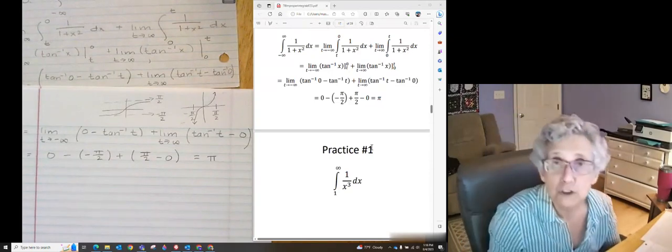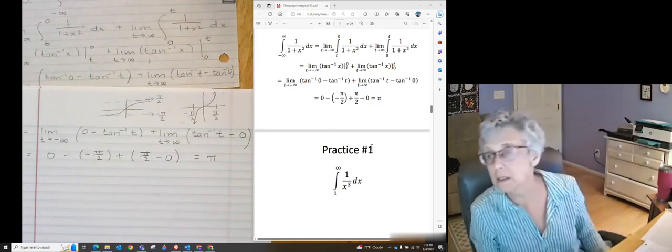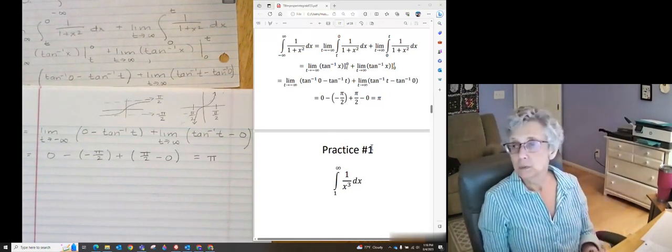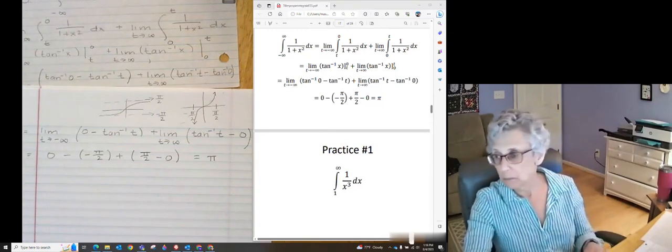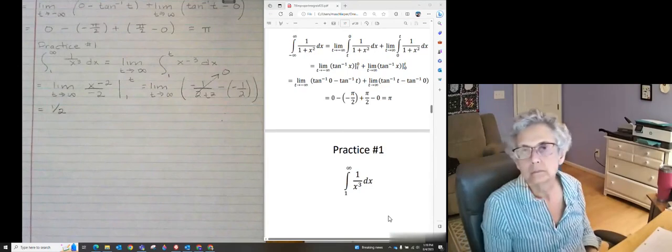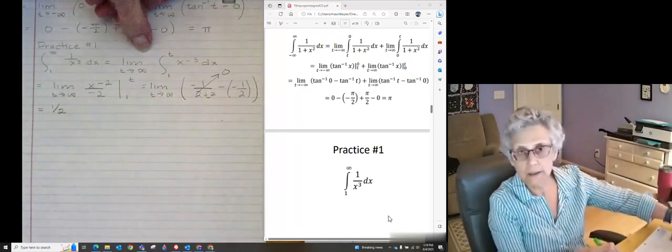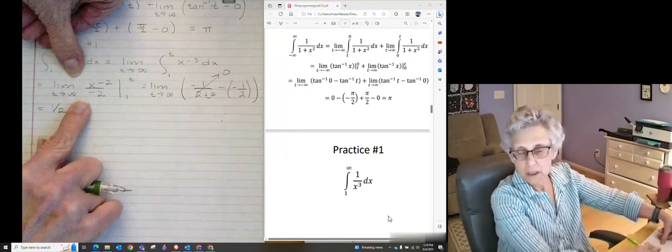Okay, now it's your turn to practice. So see what happens. Limit as the integral from 1 to infinity of 1 over x to the third power. We'll meet back and compare answers. How'd it go? Step number 1, write it as a limit. Step number 2, integrate.